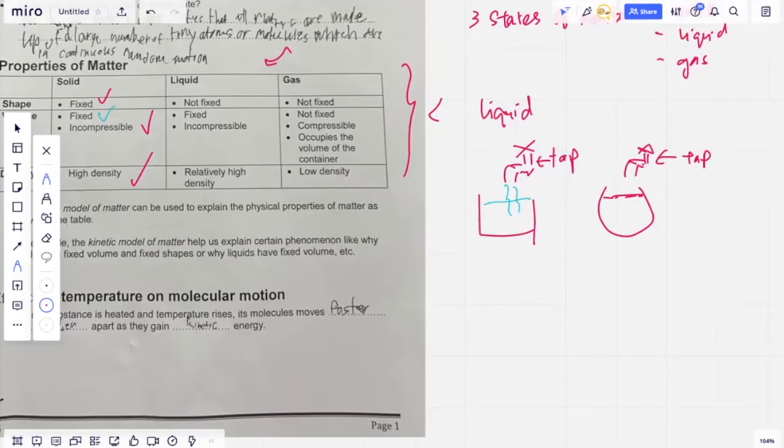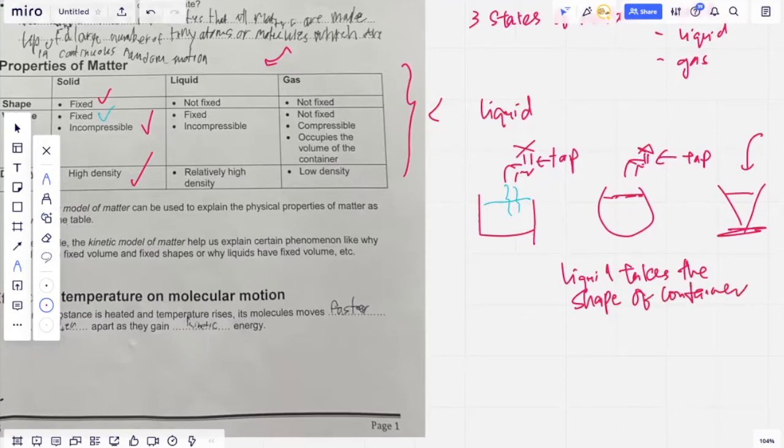If I have another one like that, the water will come in and also take the shape of this container. Am I right to say so? Correct? So the liquid takes the shape of the container. So if that happens, we can say that it has no fixed shape.